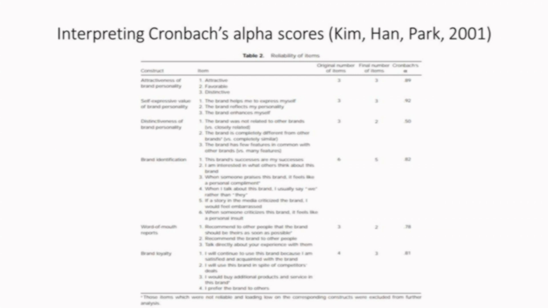We have attractive, favorable, distinctive. And then as we go down, we can see how each construct or variable was measured here. And so we have the original amount of items, the amount of items necessary, and then of course the rightmost column, we have the Cronbach's alpha score. And again, everything is above 0.70 from this study. Let's keep going.